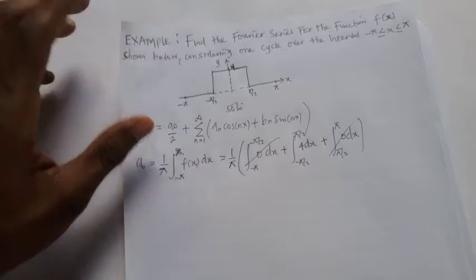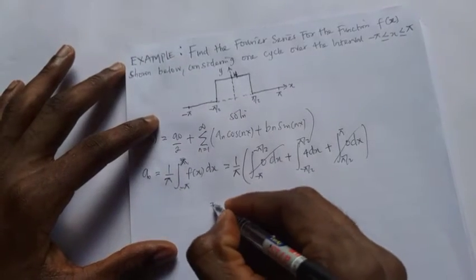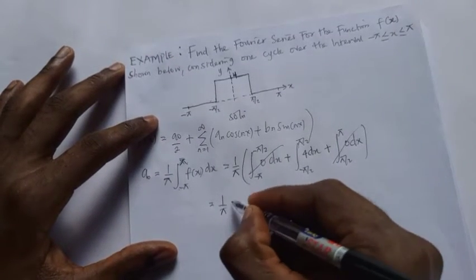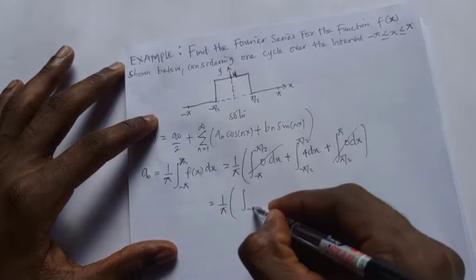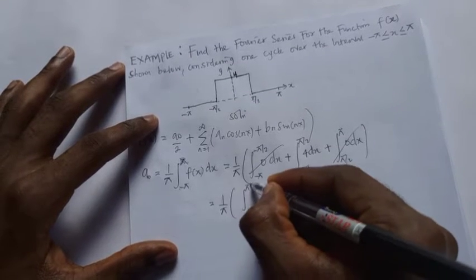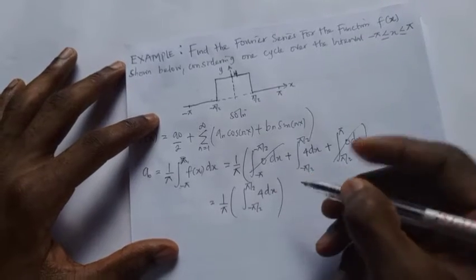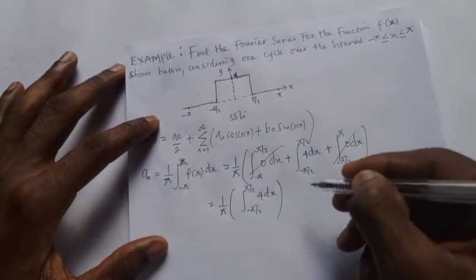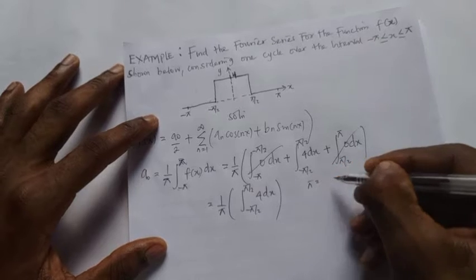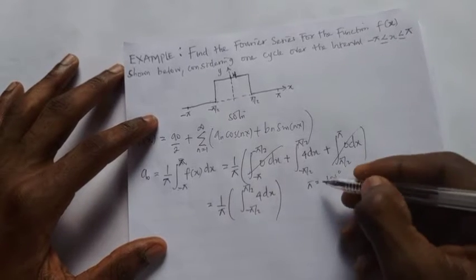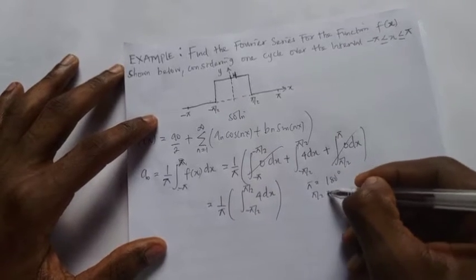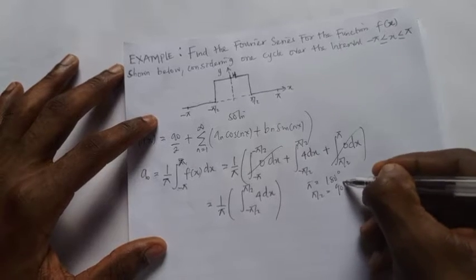What we have left is 1 over pi into the integral of minus pi over 2 to pi over 2, 4 dx. But we have to know that pi is equal to 180 degrees, which means that pi over 2 is equal to 90 degrees.